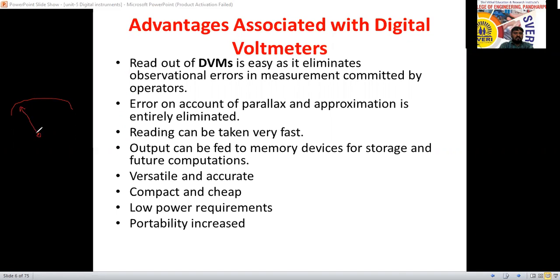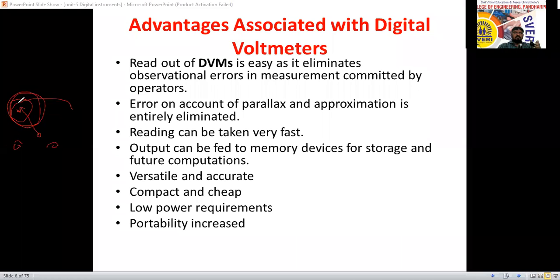If the person is observing the reading and the pointer is behind, it is going to show a different value. Like that, some observational errors are there in analog meters. We have discussed observational errors in the first unit.